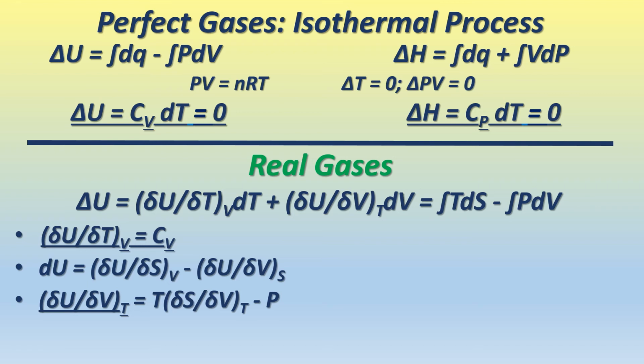The change of U with respect to V at a constant T would therefore be T times the partial of S with respect to V at a constant T minus P, by simply dividing TdS minus PdV by dV.